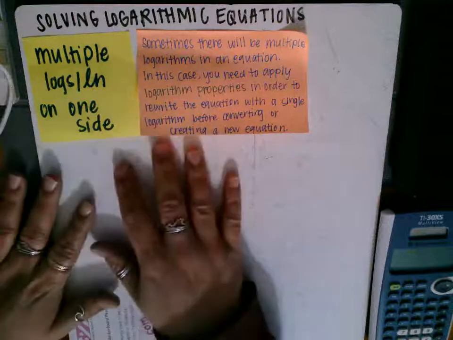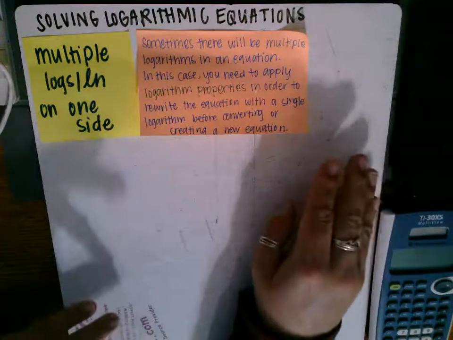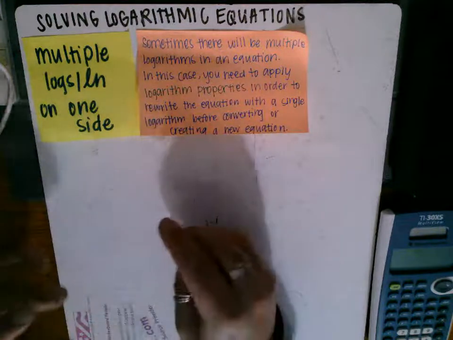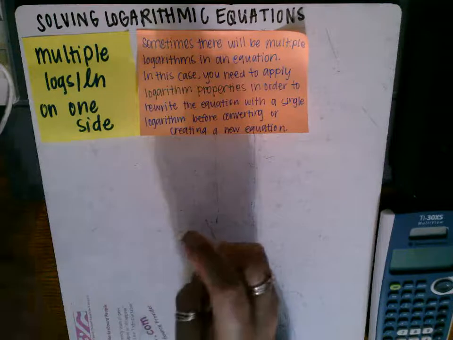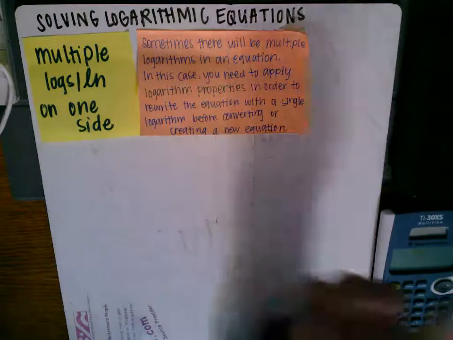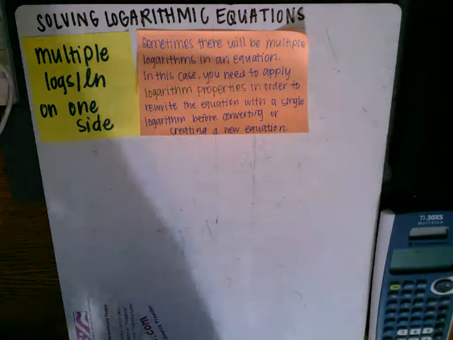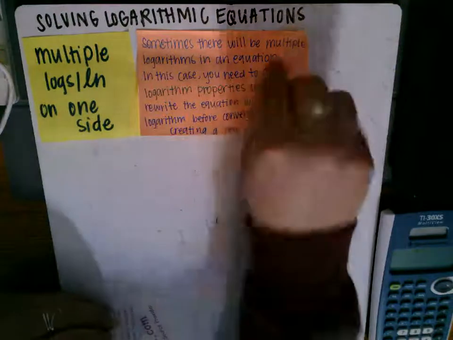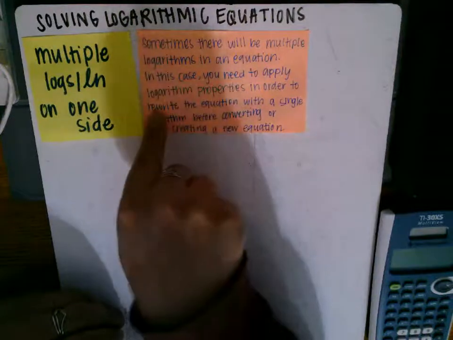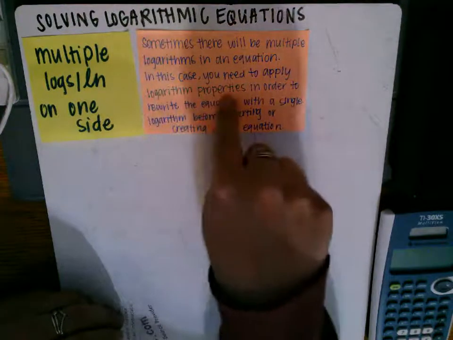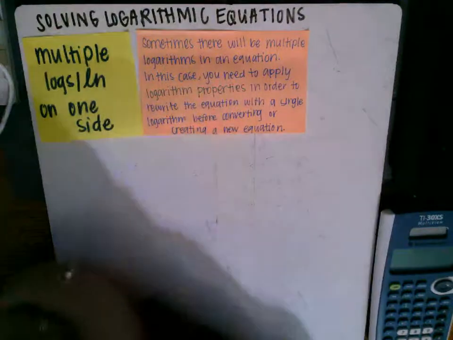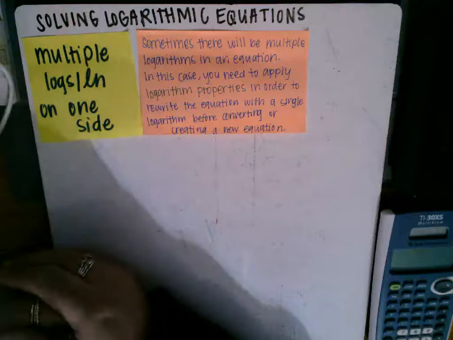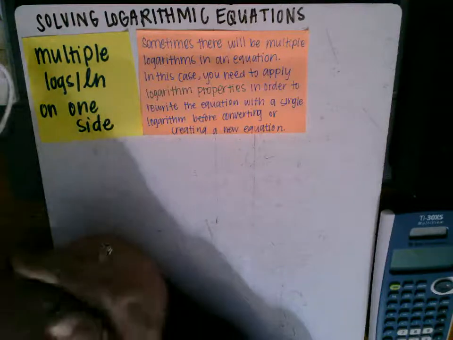Or if you have a bunch of logs on one side and a number on the other side, then once you condense that side, you can rewrite the equation with a single logarithm and convert to exponential form. So there are times in which we have multiple logs, and this is how we're going to combat them. We have to apply logarithm properties to condense them, and then either convert to exponential or create a new equation, depending on what we've got.